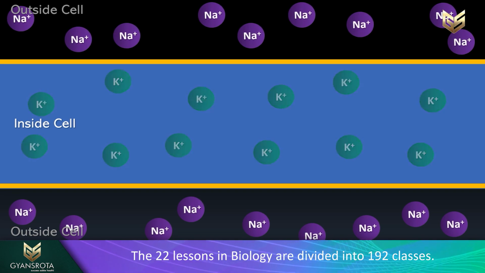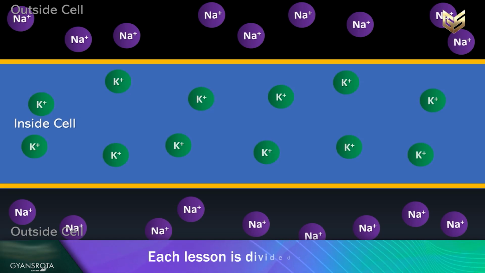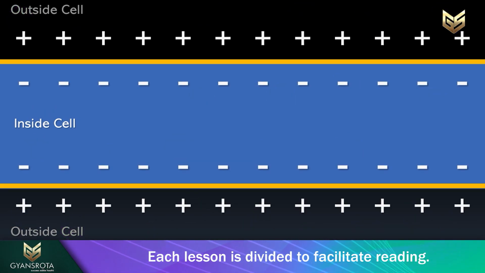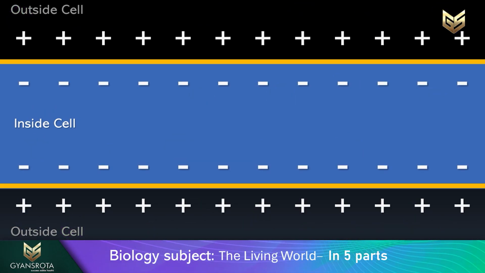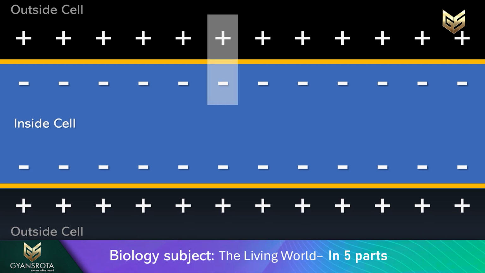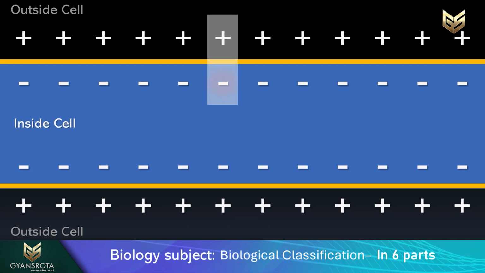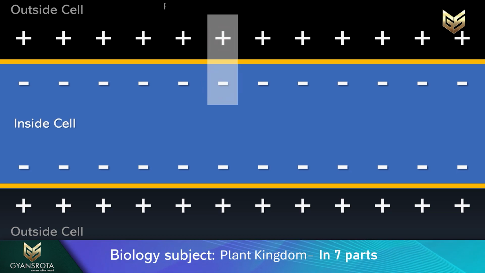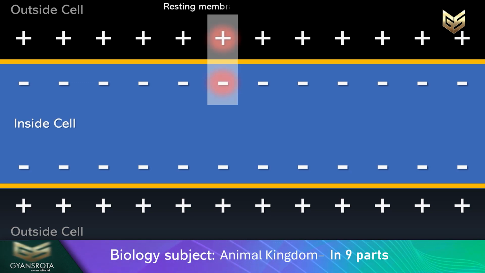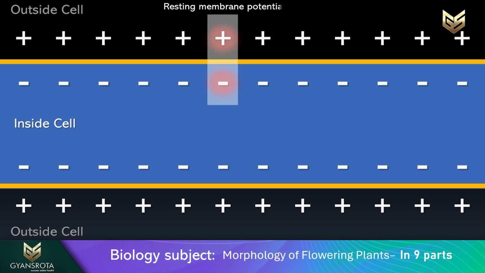The pumps move sodium ions out of the cell and bring potassium ions in, while other channels allow some flow of potassium ions back out of the cell. The sodium ions cannot easily get back in to replace the lost positive charges.